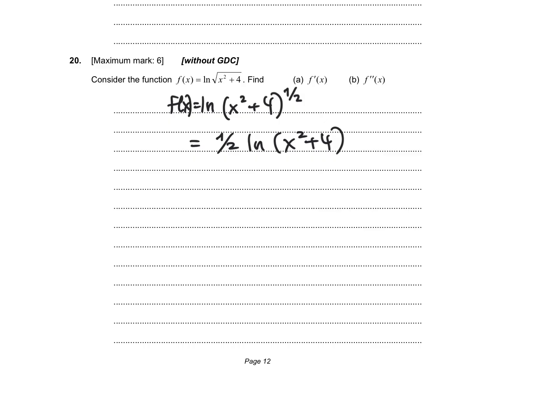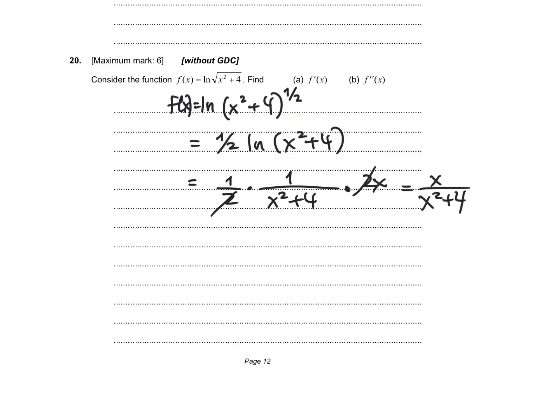Okay, so first of all, we're going to have 1/2, and then times derivative of natural log is 1 over x squared plus 4 times the derivative of the inside, which is 2x. The 2's cancel, so that's x over x squared plus 4.